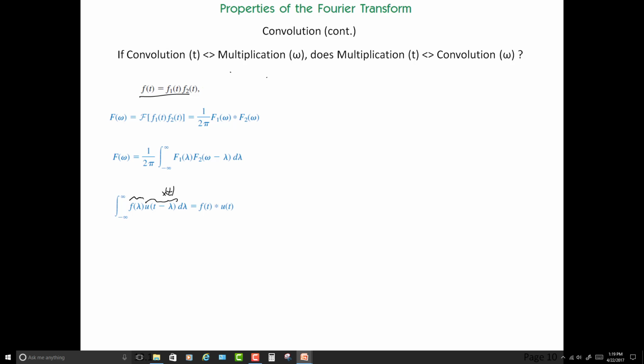And we're replacing h of t, the transfer response, with the function we intend. That's our f of t. That is the same as the convolution of f of t and u of t. It's convolution.